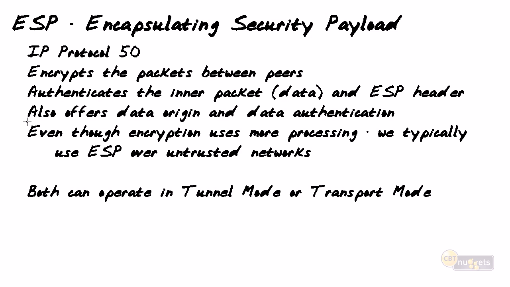In other words, if you're going to have a peer-to-peer, right, then you need to have a security association, or SA, between the headquarters and the remote office, and then also one between the remote office and the headquarters, okay, unilateral. Now, even though the encryption that ESP adds uses more processing power, it's almost negligible today with the faster routers and appliances we have. So we typically always use ESP over untrusted networks.